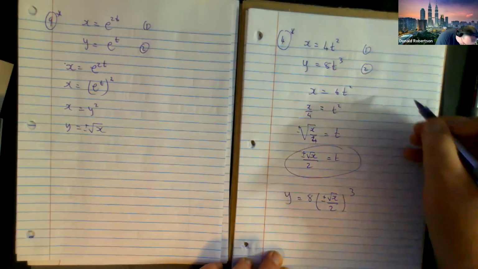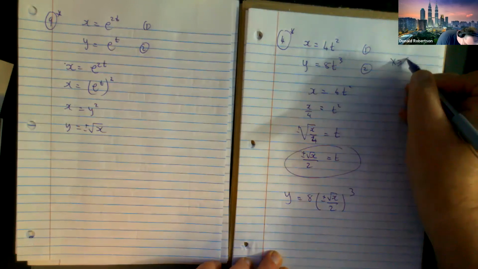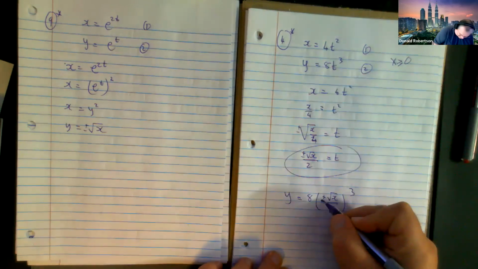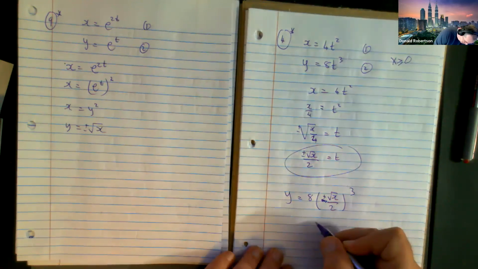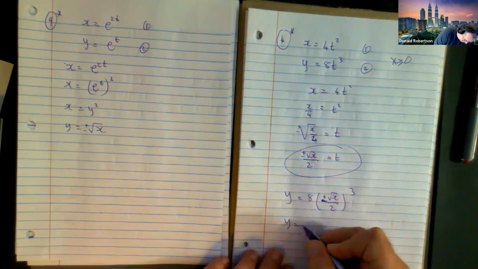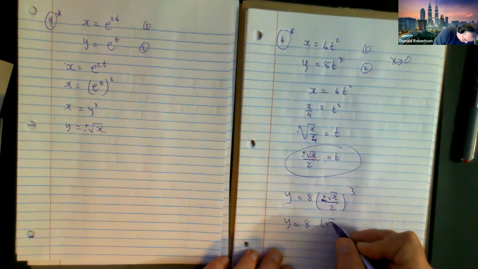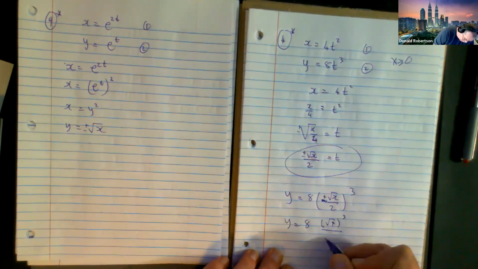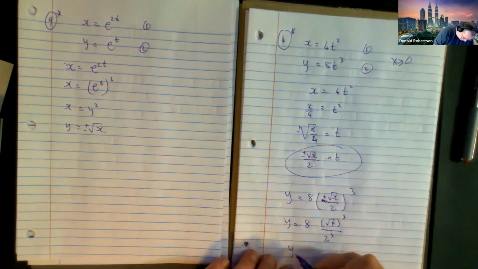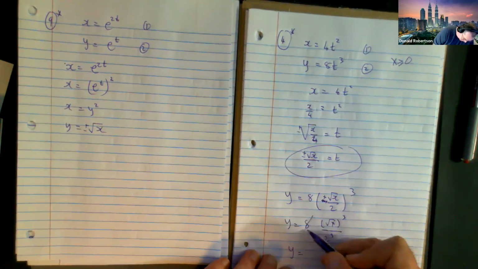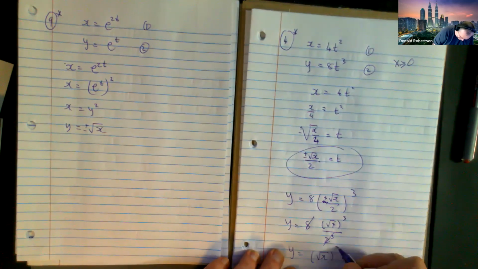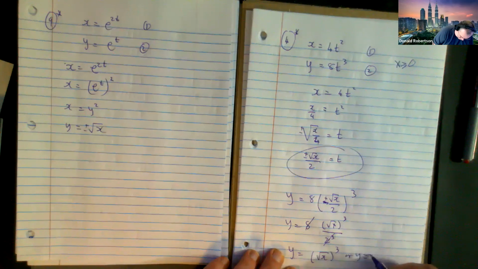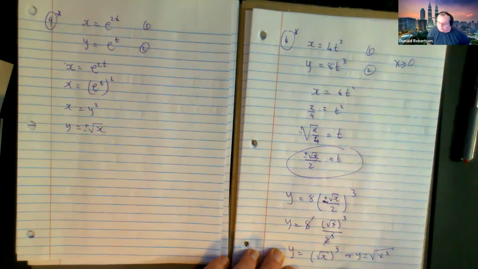Of course, if I tell you that x is greater than or equal to 0, can't we just remove the minus and just keep a plus? If I tell you t is greater than 0, whatever. So you want to make this look pretty. It's 8 times the square root of x cubed over 2 cubed. But 2 cubed is 8, so they cancel out, and all you're left with is that guy. Or that guy. It's the same thing.